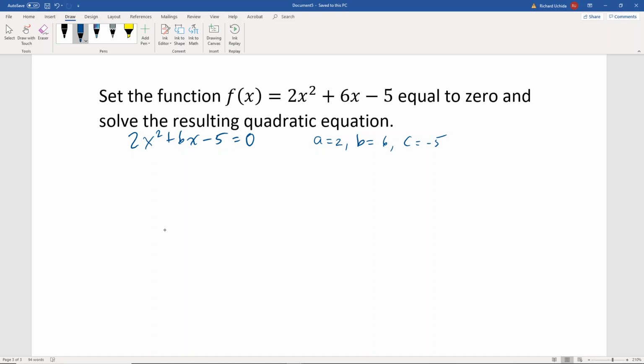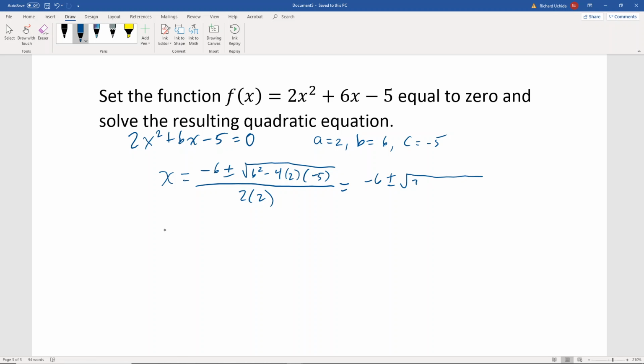So plugging those into the quadratic formula, we'd have x equals -b, so -6, plus or minus the square root of b squared, so 6 squared, minus 4 times a, which was 2, times c, which is -5, all over 2 times a, so 2 times 2. So that'd be -6 plus or minus the square root.